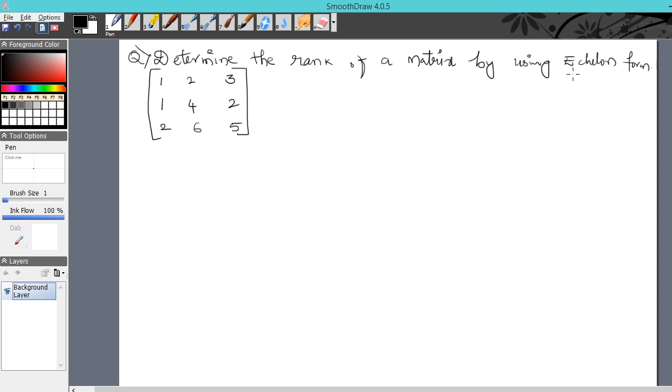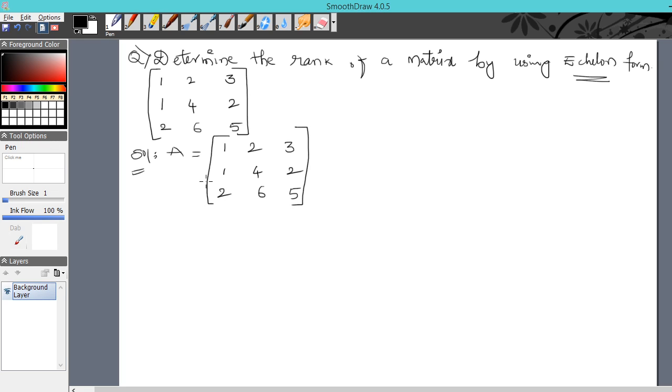This is echelon form, remember this. Let us consider this matrix as A, capital A.